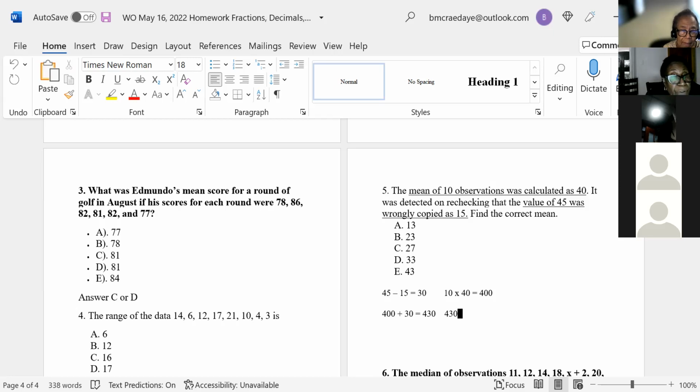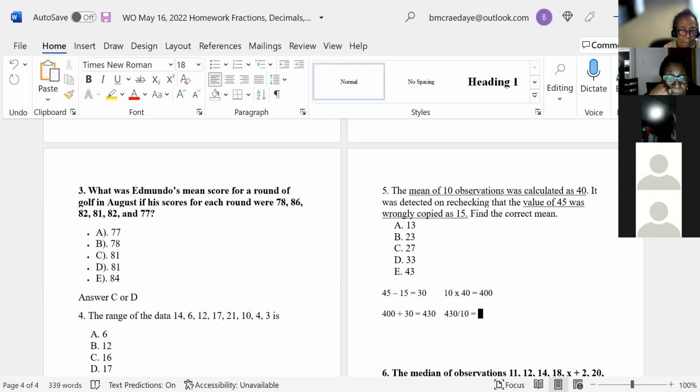How many items? It would be 15 items. No, right here: 10 observations. Oh, 10. Yeah, that would be the number of items, observations. So 430 divided by 10 is what, Alva?